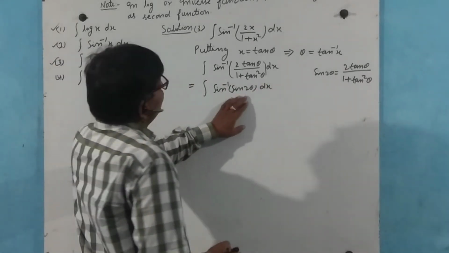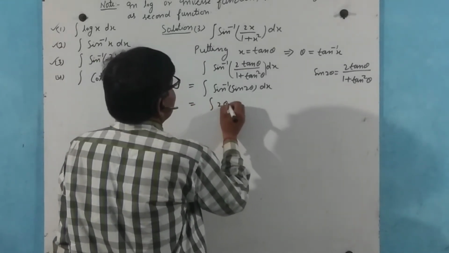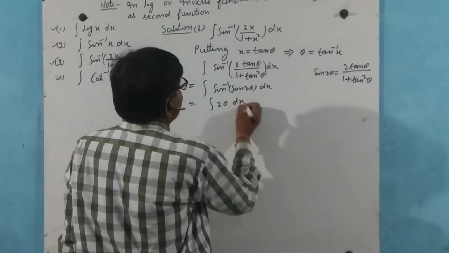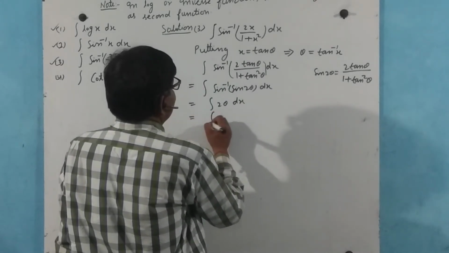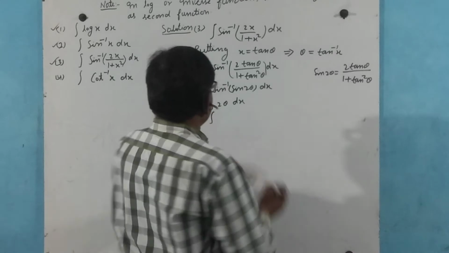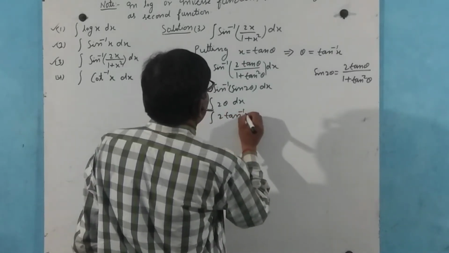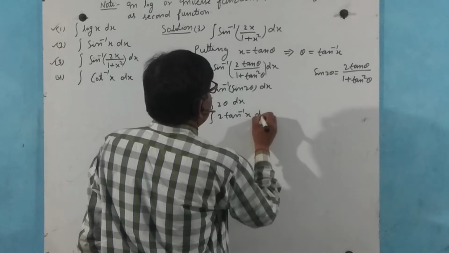Sin inverse sin 2θ is simply equal to 2θ, dx. It means that 2θ equals tan inverse x, so 2 tan inverse x dx.